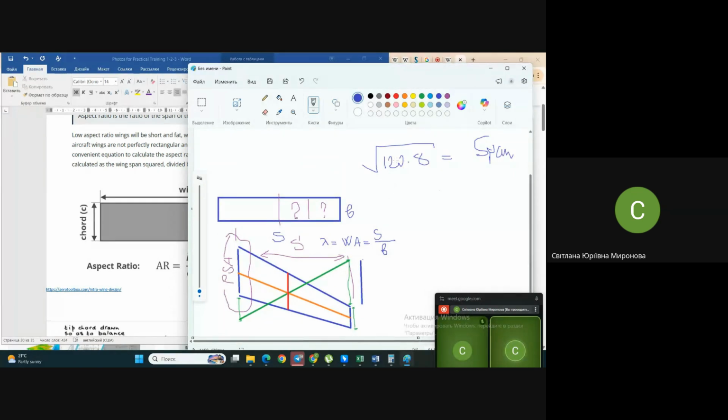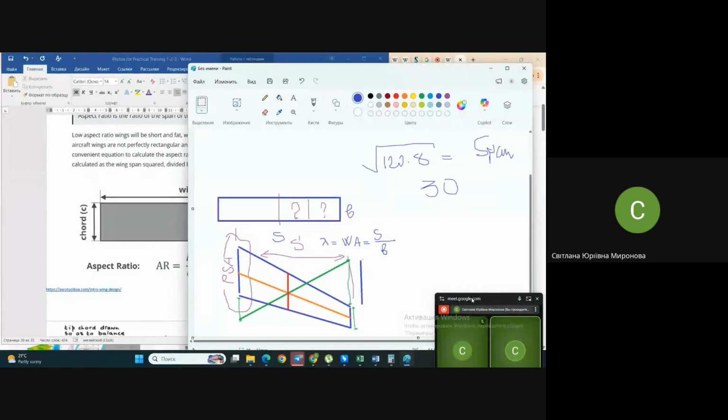Wing area was 120 and span is 30 meters. I better type it in words because next I will not remember what it was.